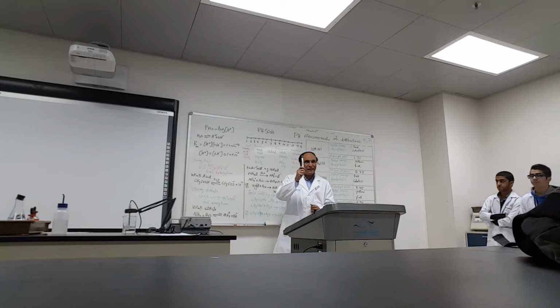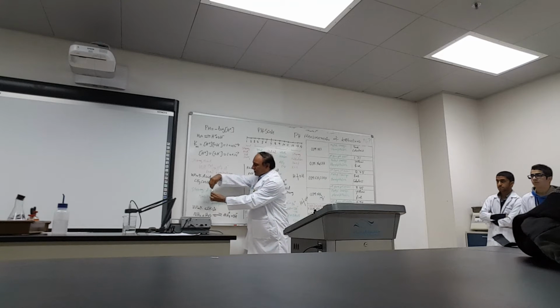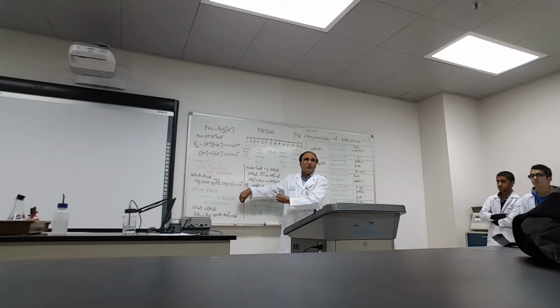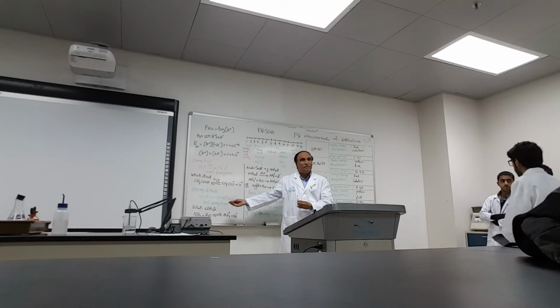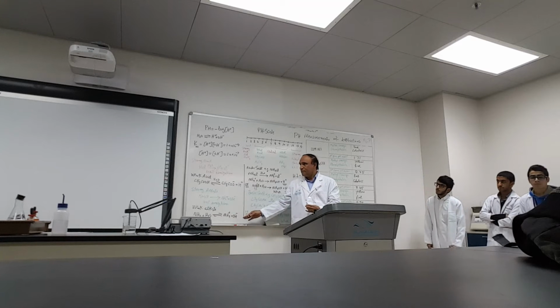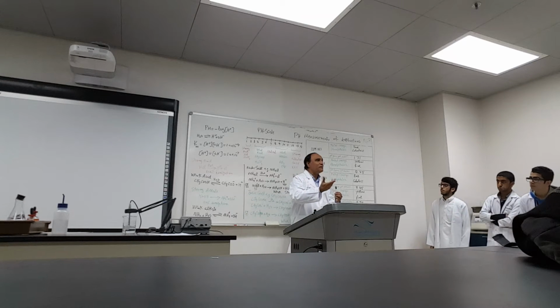If this is an alkali, this is the OH ion, it will break all. If I take 100 of this one, all 100 break and give the OH ion, it is a strong alkali. And the weak alkali, like ammonium hydroxide, will break only 10%, 15%, 20%.